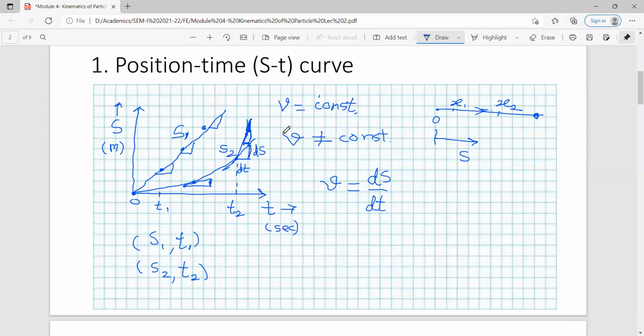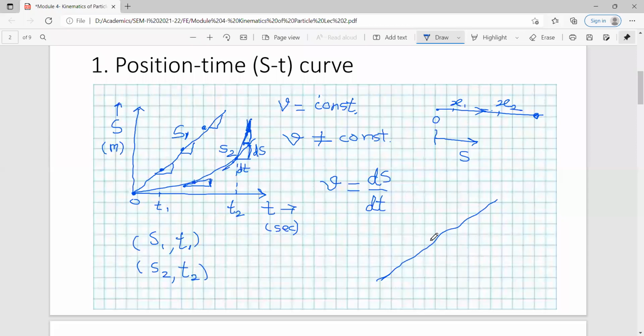But if you consider a constant line, suppose your displacement-time curve is a straight line, its steepness is the same, its inclination is the same. If you draw the tangent here, that tangent will be on the line itself.